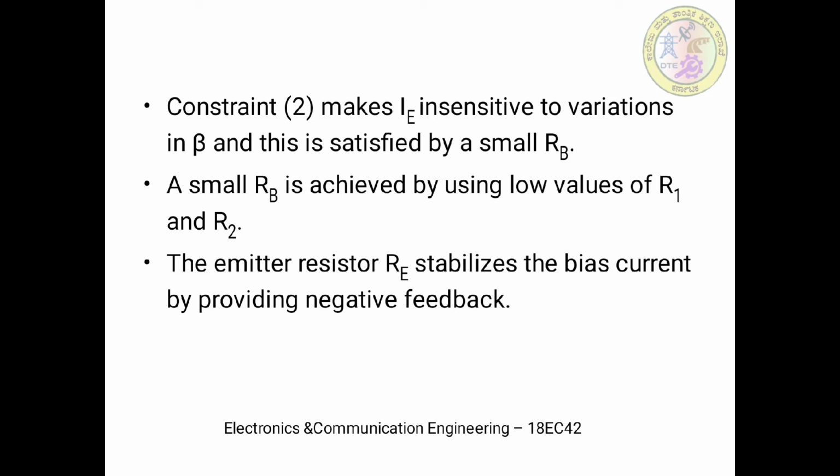So how to get this small value of RB? The small RB is achieved by using low values of R1 and R2 resistors, and also the emitter resistor RE. This is particularly used to stabilize the bias currents by providing negative feedback to the circuit.